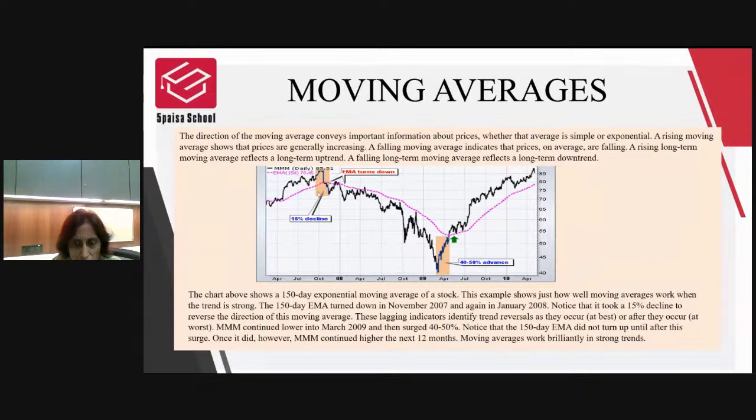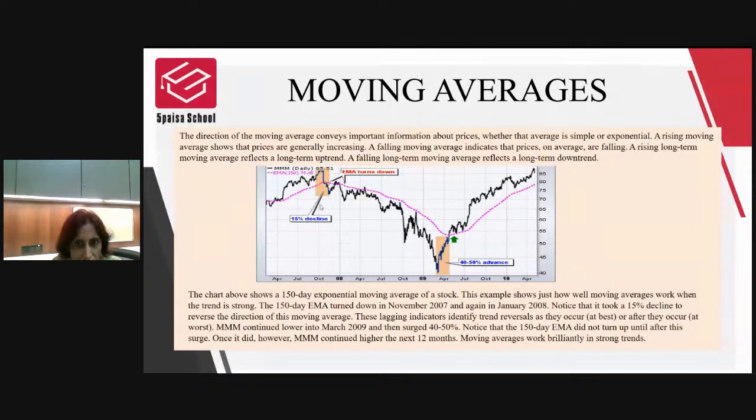Notice that it took a 15% decline. It's moving down, the EMA is moving down, it was going up, right? It moved down. So this down movement actually reflected a 15% decline to reverse the direction of this movement.